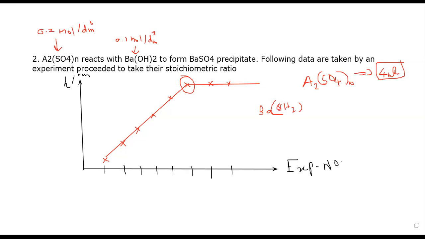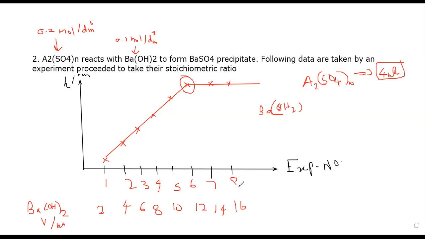It varies like this. I'll put it here. Barium hydroxide volume in milliliters varies at 2, 4, 6, 8, 10, 12, 14, 16, like that. Experiment number is 1, 2, 3, 4.